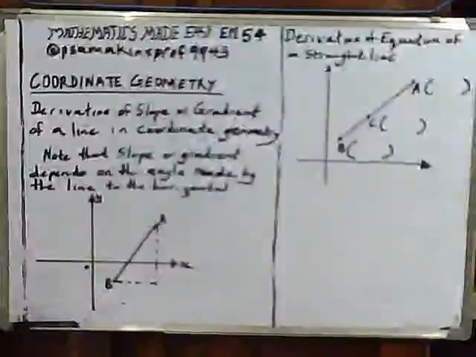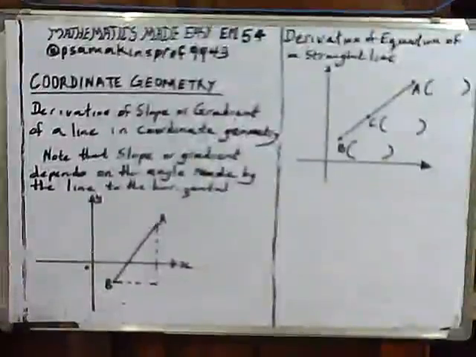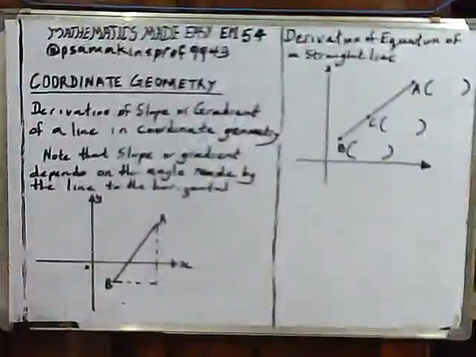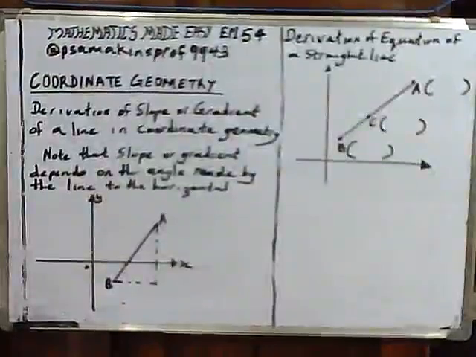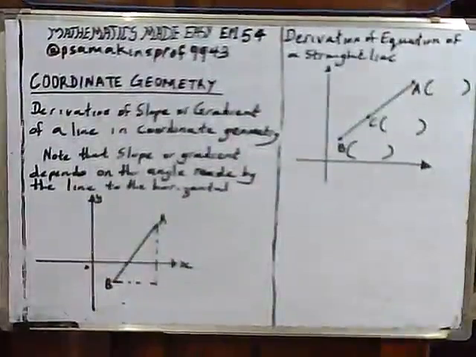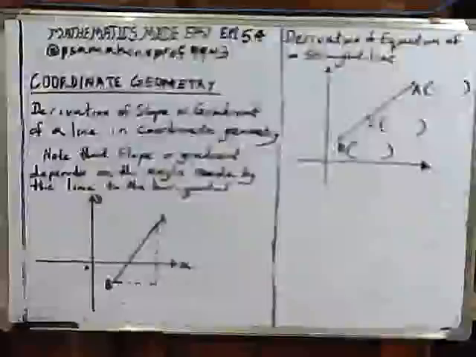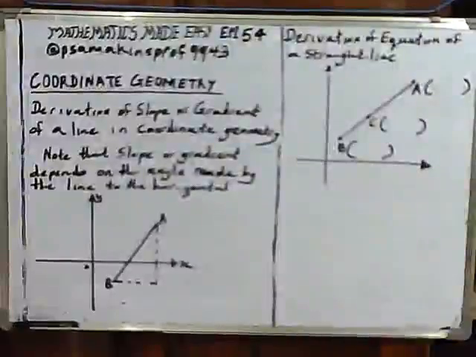In this episode, we want to look at the derivation of the slope or gradient of a line in coordinate geometry. I want you to note that the slope or gradient depends on the angle made by the line to the horizontal.